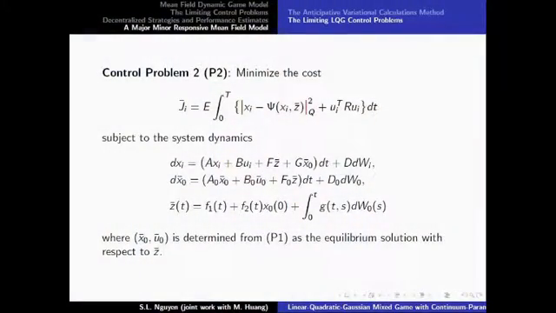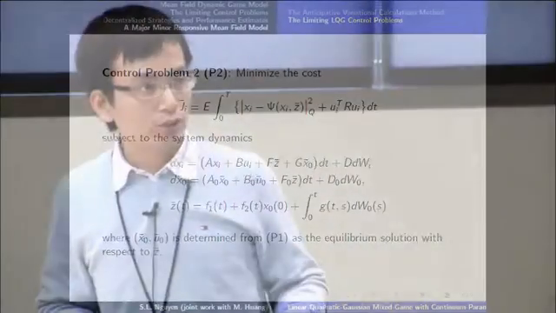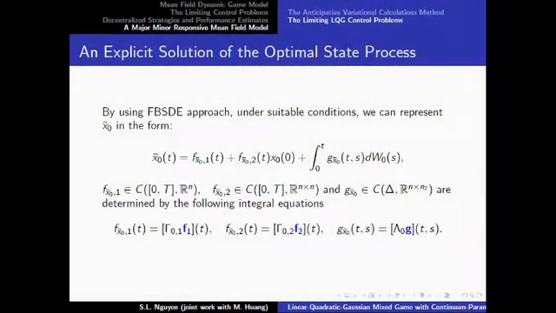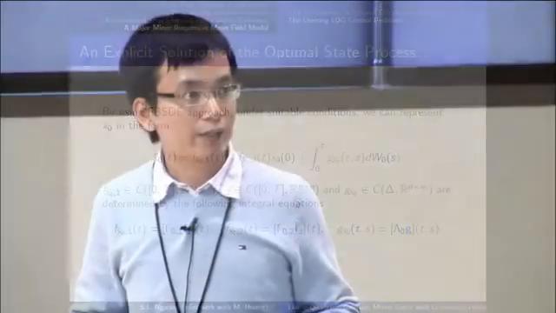And when we can solve this problem, we can construct the limiting control problem for the minor player. And for the minor player, we have x naught bar is an optimal dynamics from the first problem, and Z bar is given here. By the same way, we can have this representation of the x naught bar.